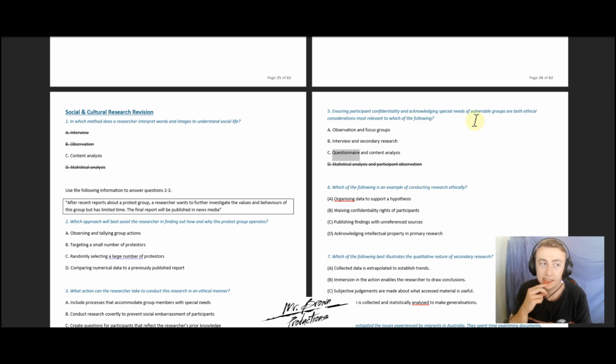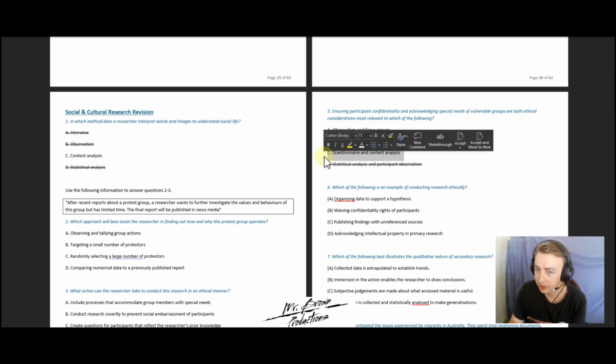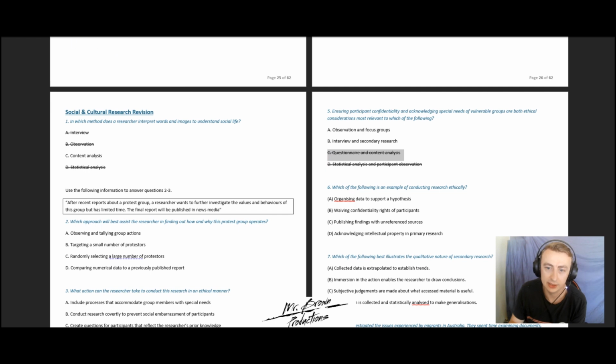If someone can't read, I might read the questionnaire out loud to them and record their responses. But in a content analysis, participant confidentiality typically isn't an issue, because you're examining a piece of media that's already public, like a film or document, so it negates that need. And acknowledging special needs of vulnerable groups doesn't really fit that research method, so I know the answer is not C.